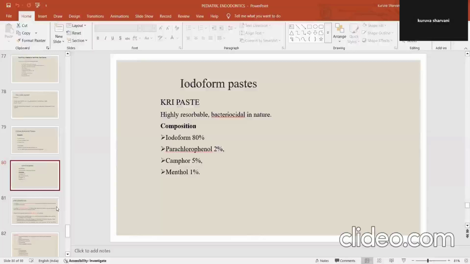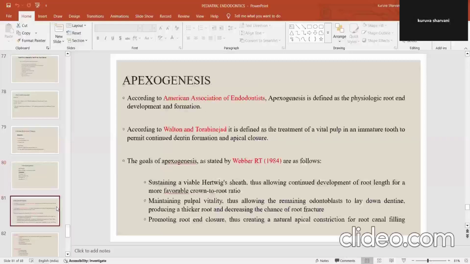Okay. Now, coming to apexogenesis. Apexogenesis is defined as physiological root development and root formation, meaning the formation of Hertwig's root sheath, which maintains the pulpal vitality also.